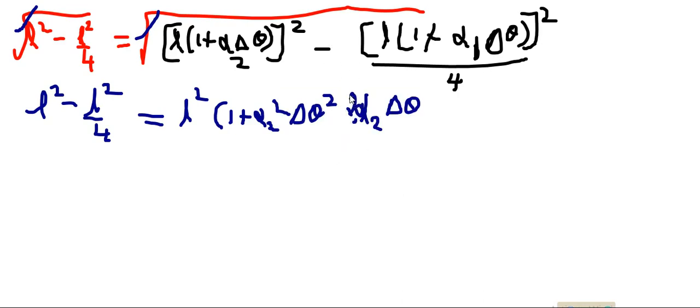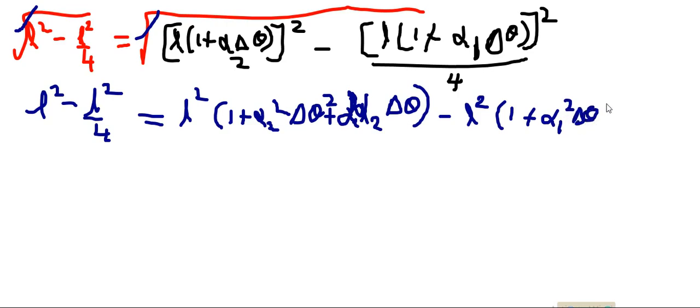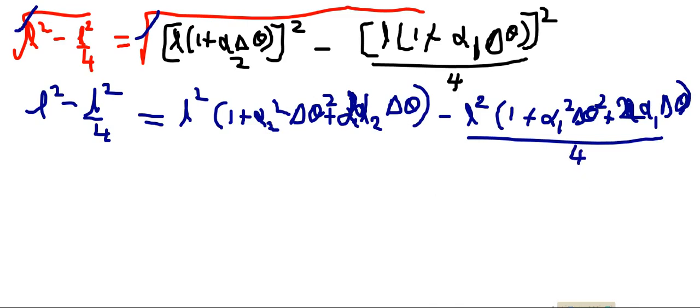As well as we have to write this value, L square into 1 plus alpha 1 square delta theta square plus 2 alpha 1 delta theta, by 4.